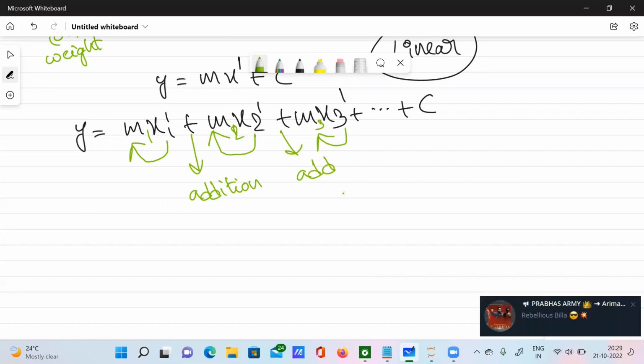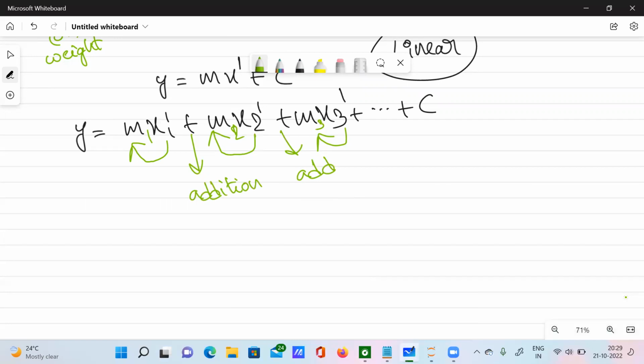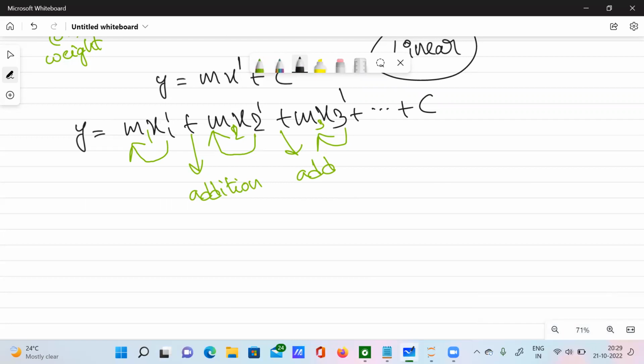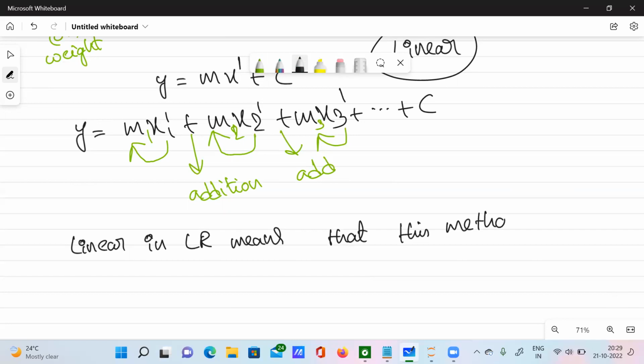So linear in linear regression means that this method models our data with a linear combination, right?